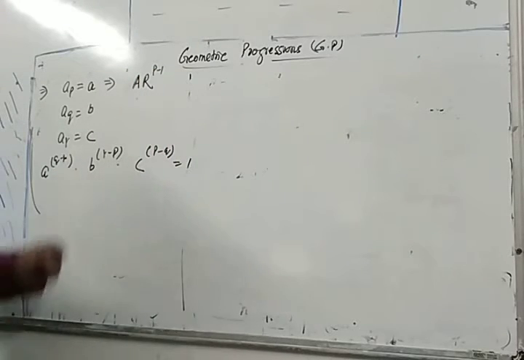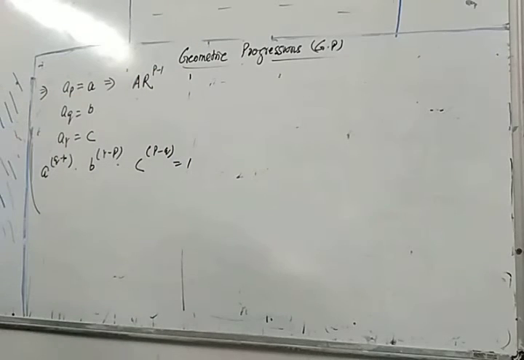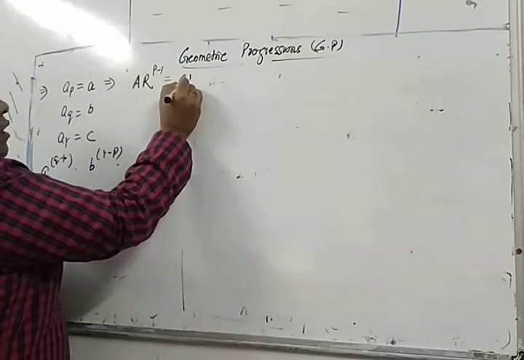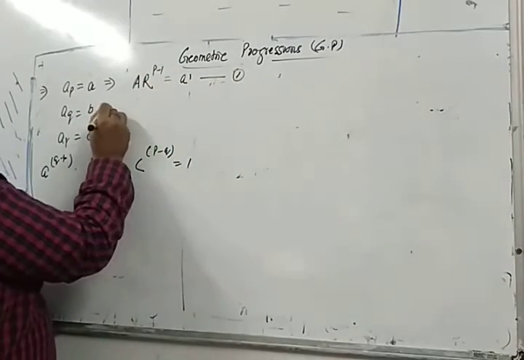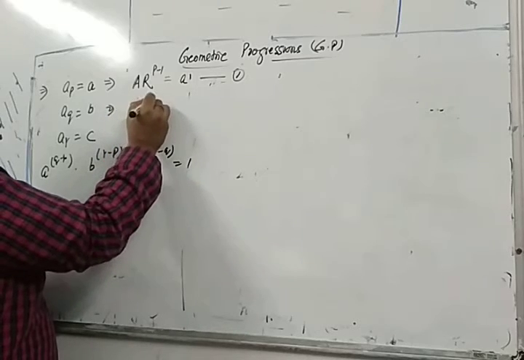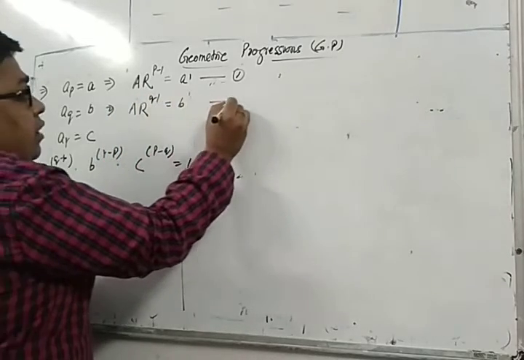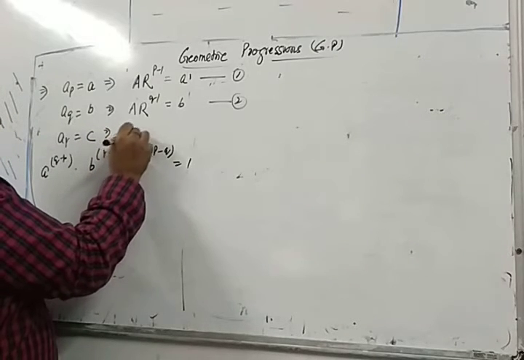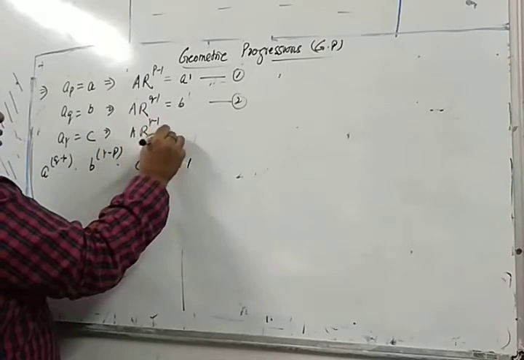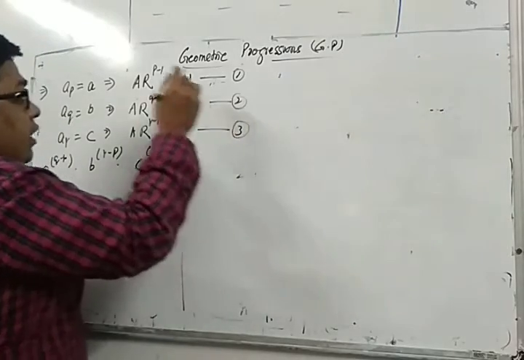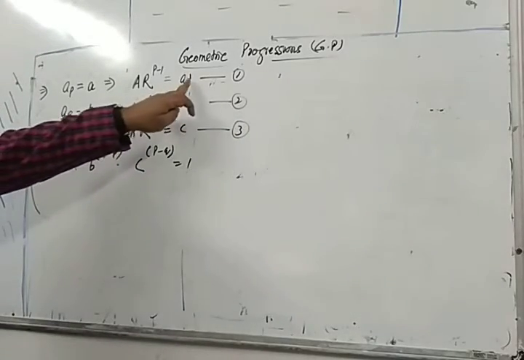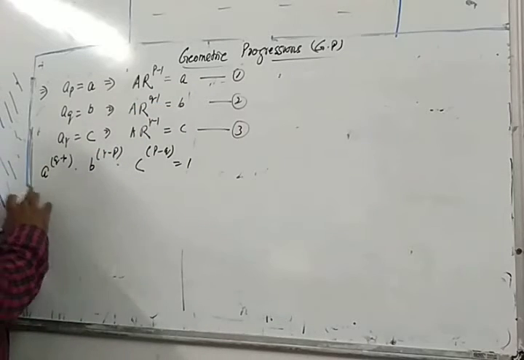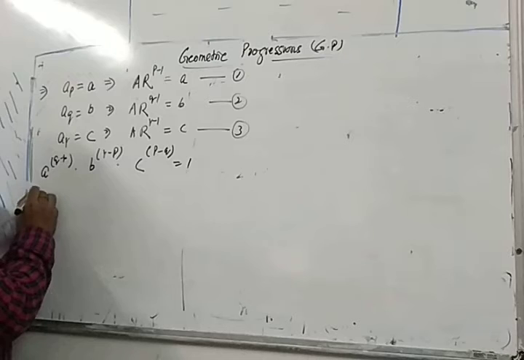Here we are taking the first term as capital A and common ratio capital R, because the letter a is already used here. This is the first condition. Similarly, second, A R to the power Q minus 1 is equal to b, and the same in the third condition, A R to the power R minus 1 is equal to c. After that we will put these values of a, b, c from here into this LHS.